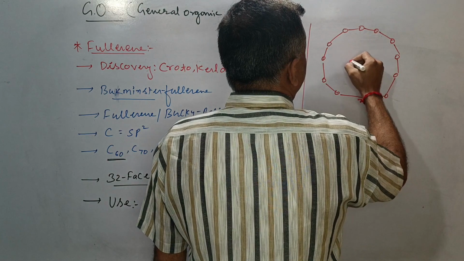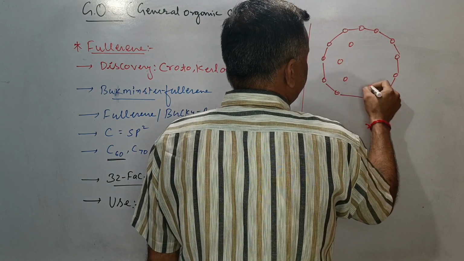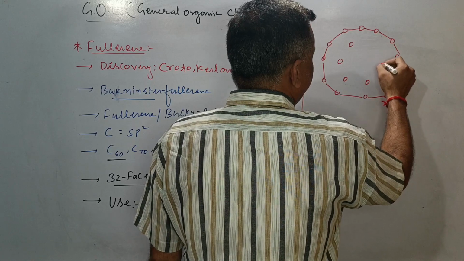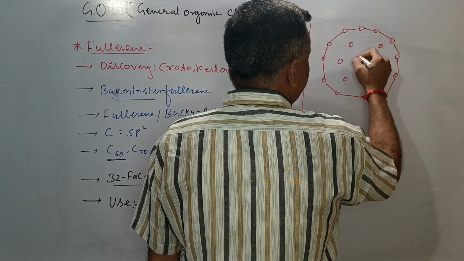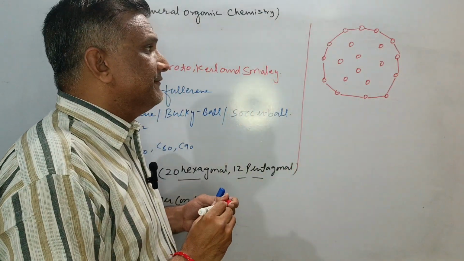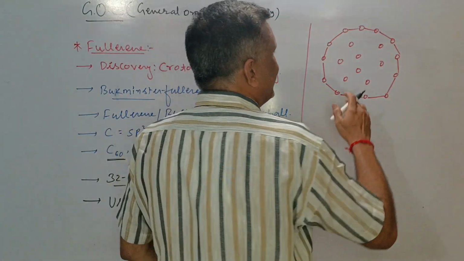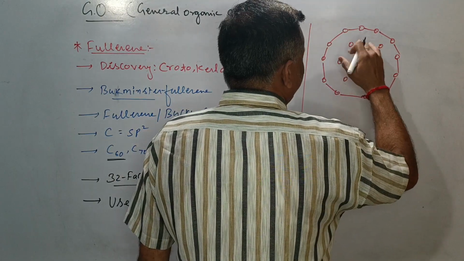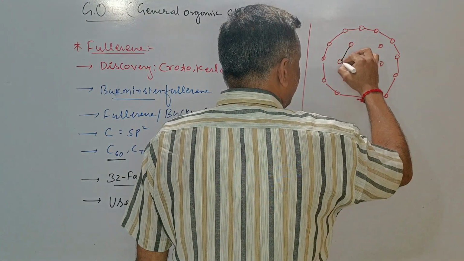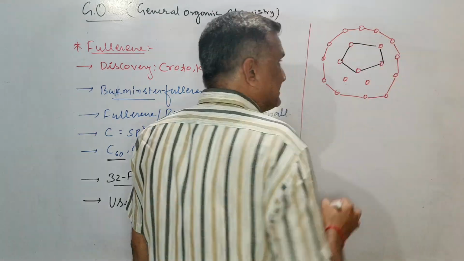So you can show as follows: 1, 2, 3, 4, 5, 6, and 7, and 8. If you want to show the pentagon ring, then it can be denoted as follows. By erasing it, this is the pentagon ring. This is the pentagon face.